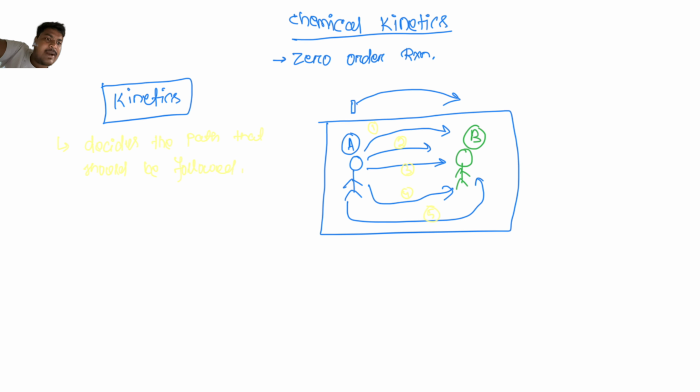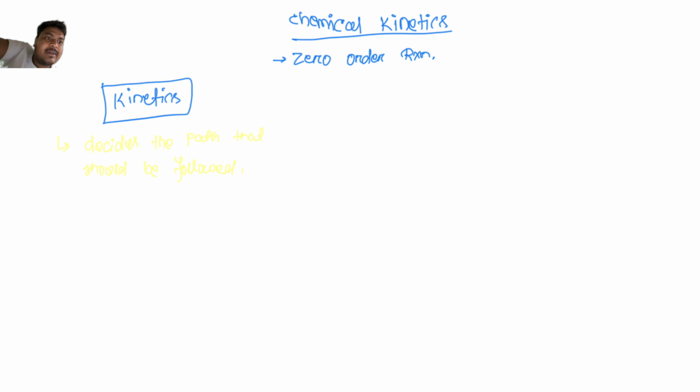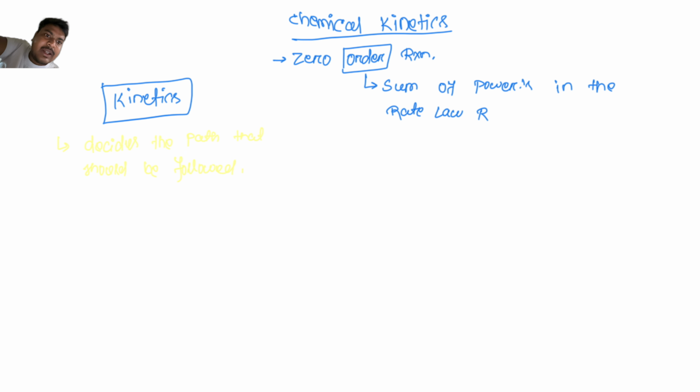Now let us move on to what is the order of the reaction. I will erase these things. Fine. Now I will be discussing what is the order of reaction. Order of reaction is the summation of powers in the rate law expression.